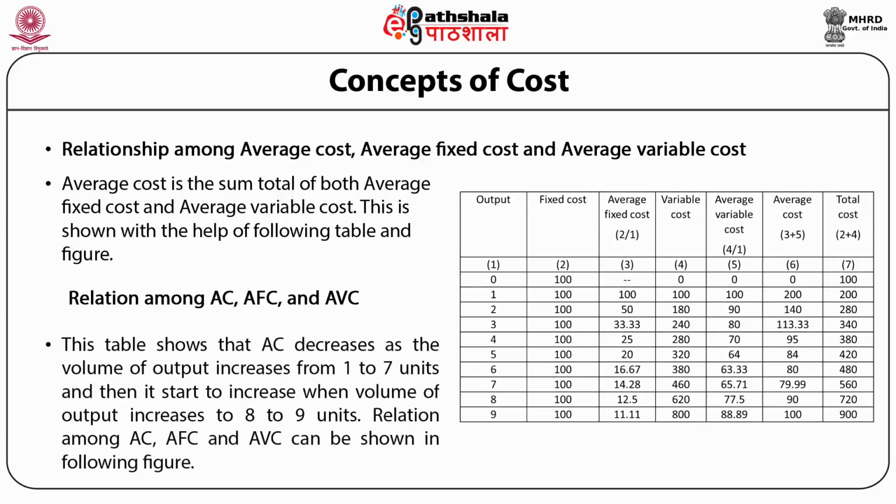This table shows that AC decreases as the volume of output increases from 1 to 7 units, and then it starts to increase when volume of output increases to 8 to 9 units. The relation among average cost, average fixed cost, and average variable cost can be shown in the following figure.